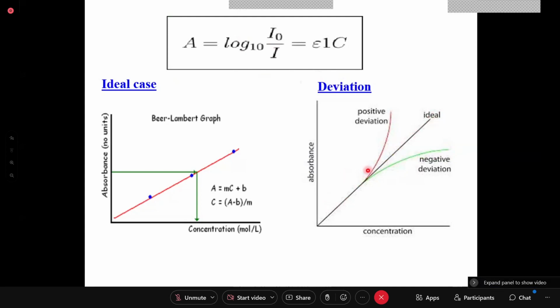The reason for this deviation is that when the concentration is more, the solute particles are very close to each other, and the electron distribution around one molecule affects the electronic distribution of another molecule. That is how many times the molecules tend to dimerize or isomerization takes place, and the refractive index of the substance changes, because of which it shows deviation.